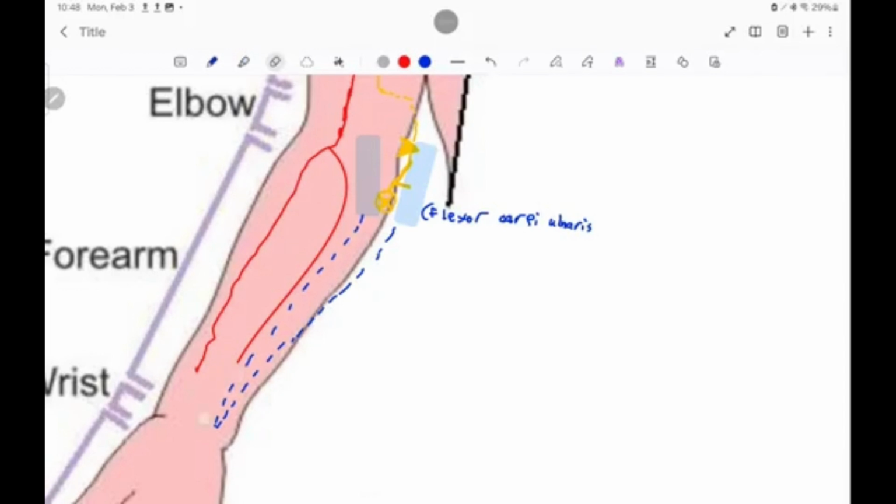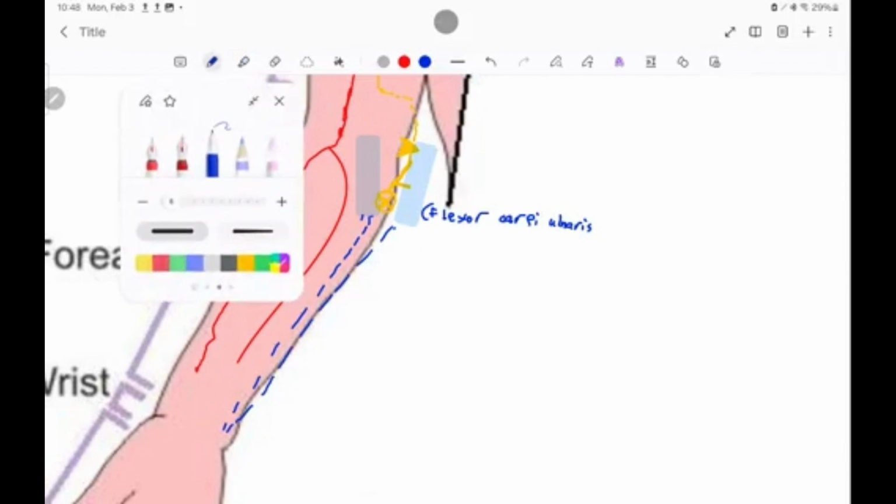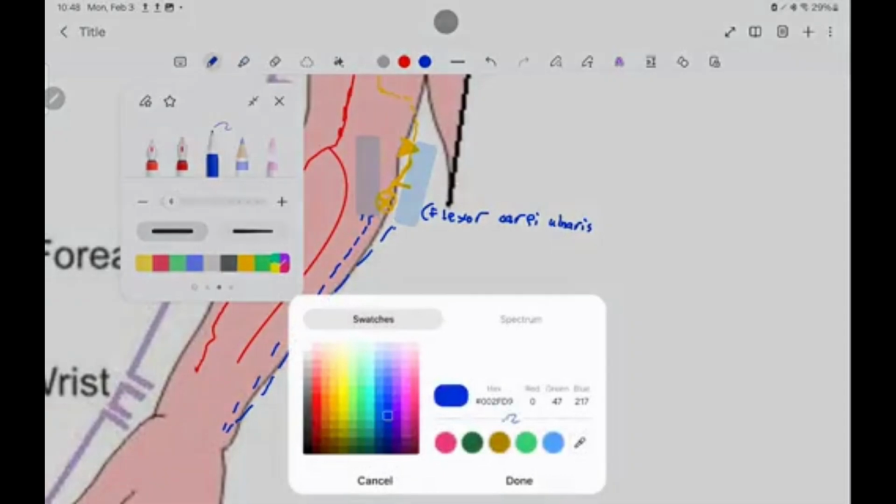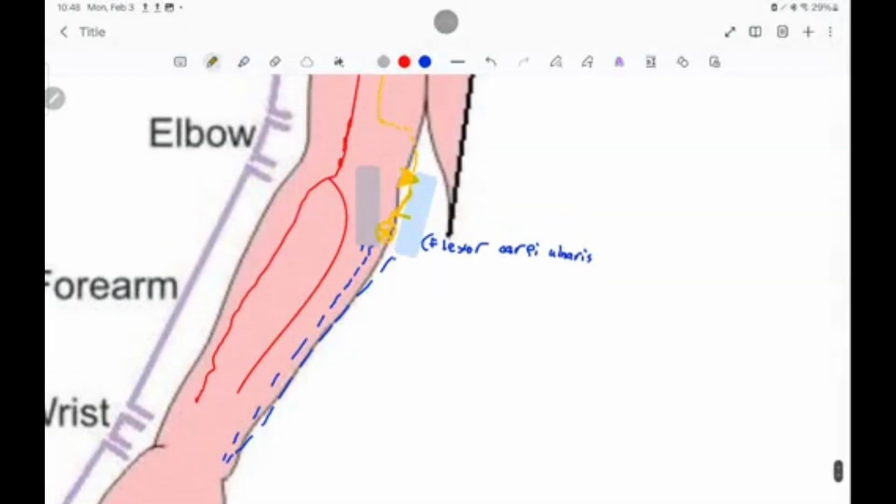Let me just do some modifications. Okay. So in the forearm, till now, what are the muscles that the ulnar nerve supplied?